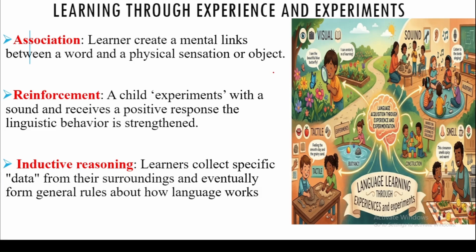The first one is association. The learner creates a mental link between the words and a physical sensation or object. A child trying to learn a language first creates a mental link between a word and a physical sensation or object.